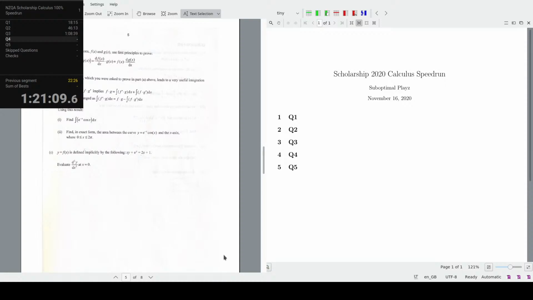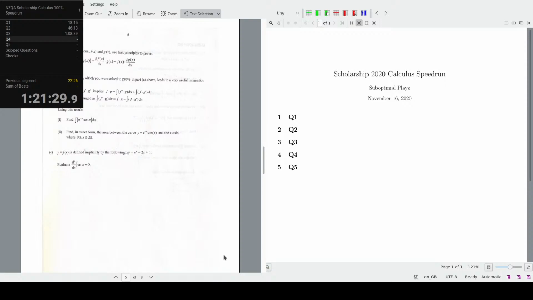So it's minus e to the x sin x dx plus c. This seems highly sus. Oh wait, no, it's negative of that. So you get negative because f prime was negative.